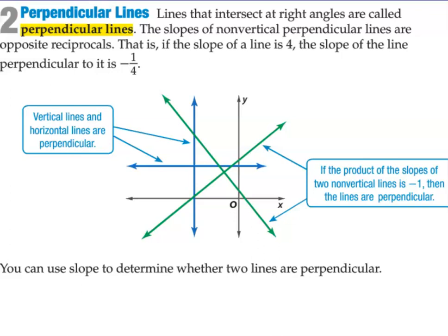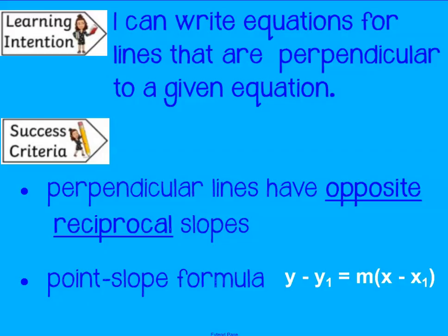If I gave you a picture, it might look like they intersect at a 90-degree angle, but how can you be perfectly sure? If you weren't going to bust out a protractor, then you'd have to use their slopes. So you would need some information. You would either need the equation of the line, or you would need 2 points on that line so you could calculate that slope.